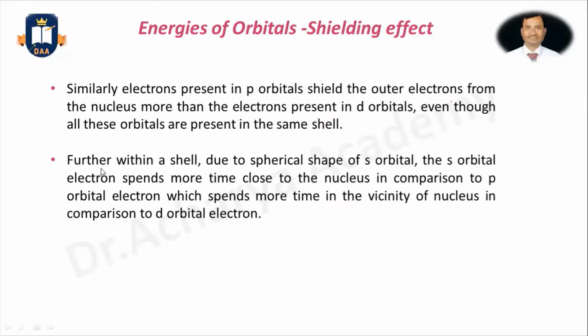And within a shell, that means when the principal quantum number is the same, a shell is represented by the principal quantum number n, we know from the previous class.